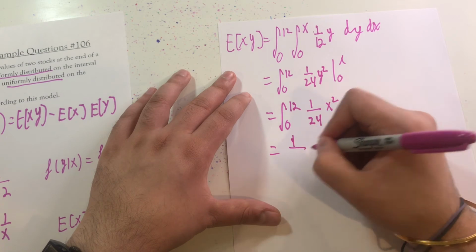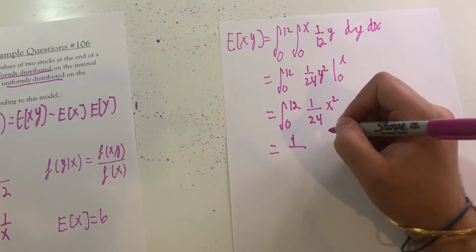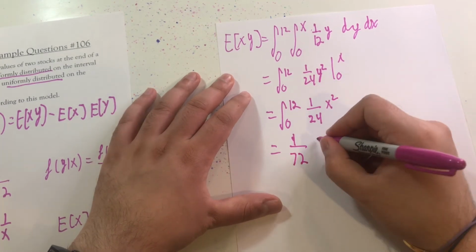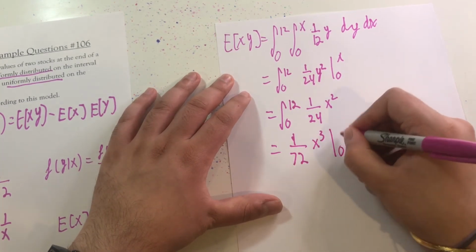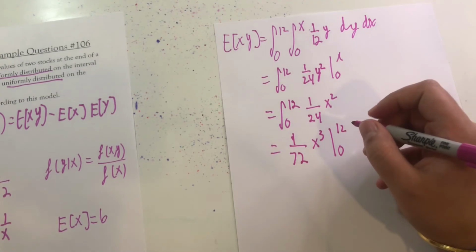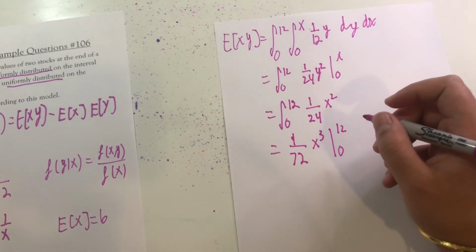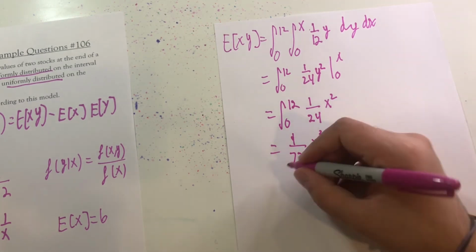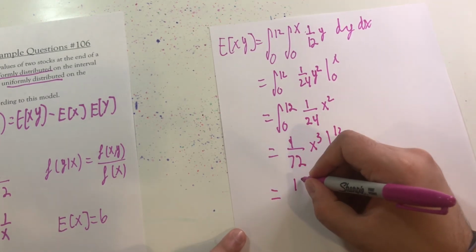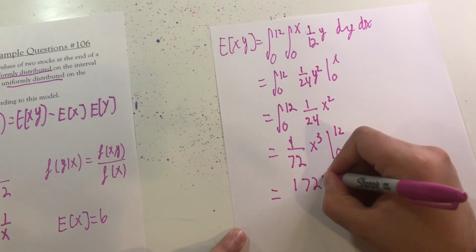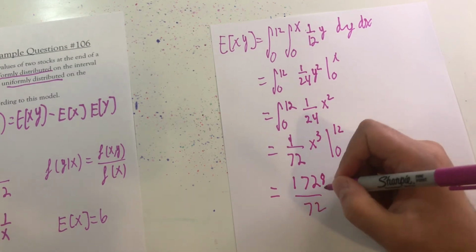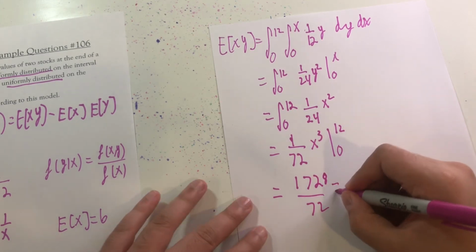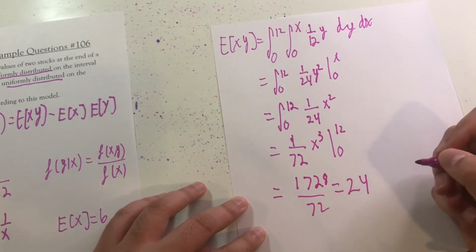1 over 72, I believe. Yes, 72. 72 x to the third, going from 0 to 12, and this becomes 12 to the third, 1,728 over 72, which equals 24.